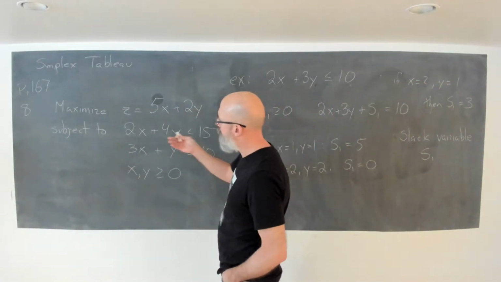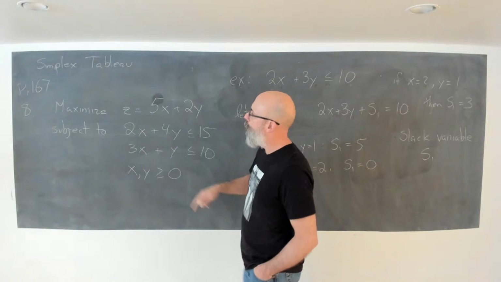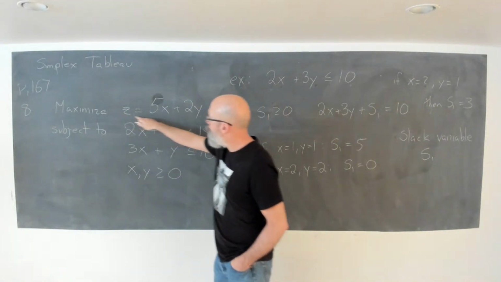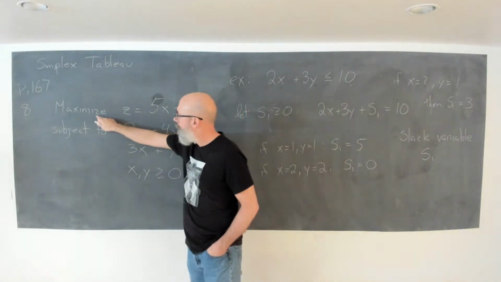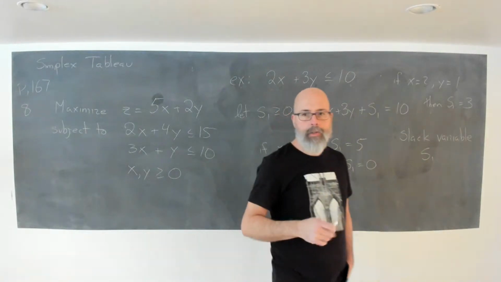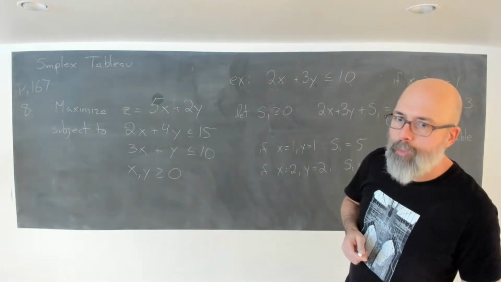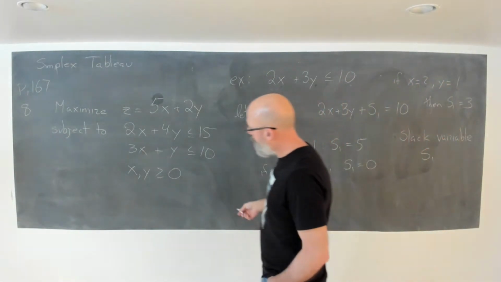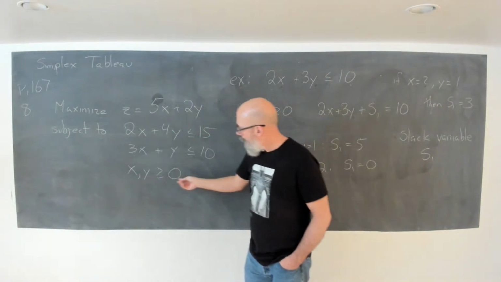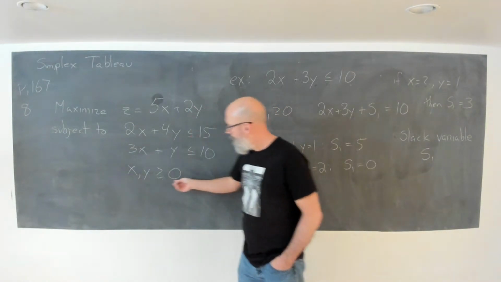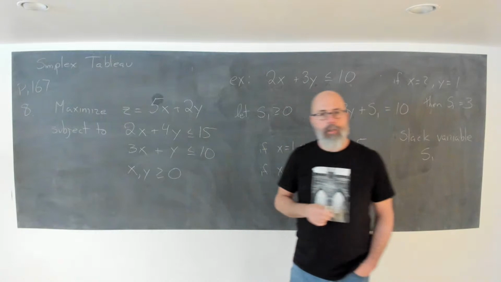So is this a standard maximum problem? The objective function is to be maximized. Right, so we want to maximize this. First condition is met. All variables are non-negative. Second condition is met.